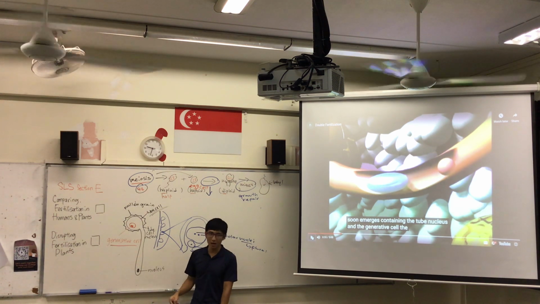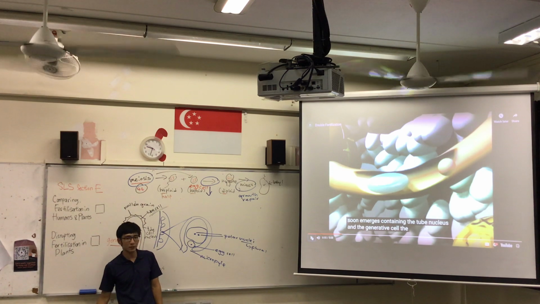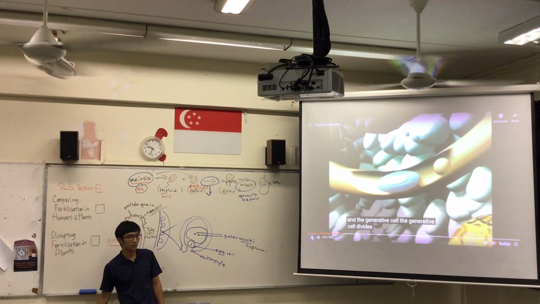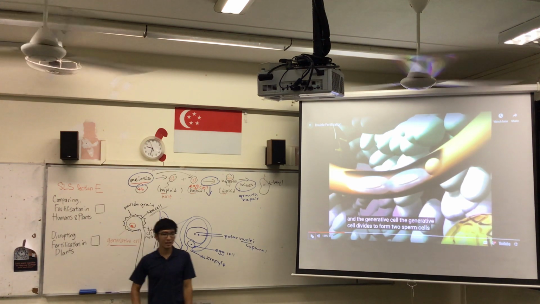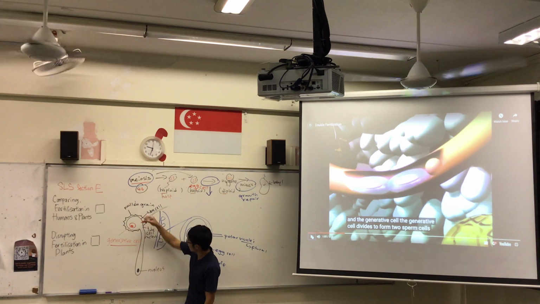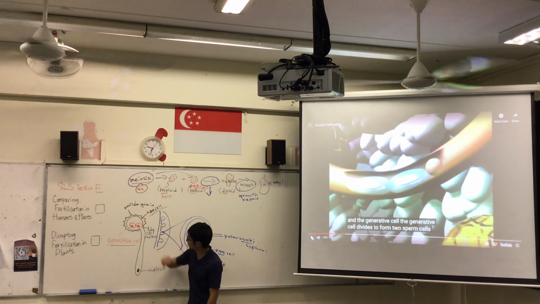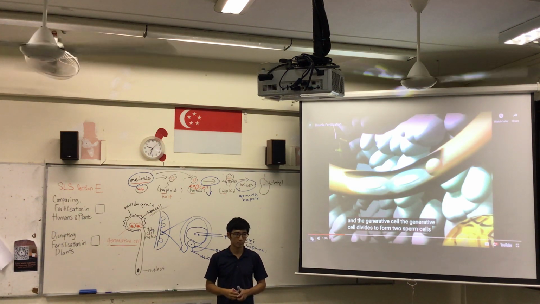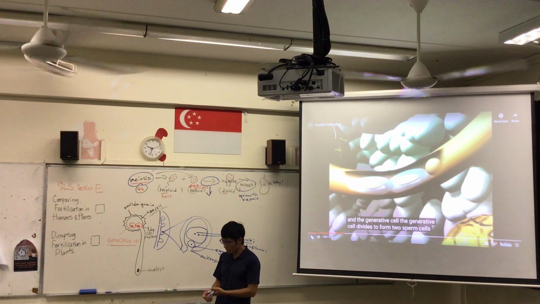The generative cell, as we saw, this is what happens to the generative cell. It generates the sperm. So from one cell, it will become two. It's very interesting.